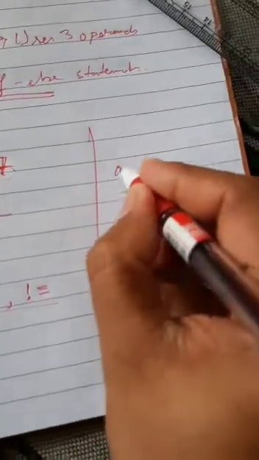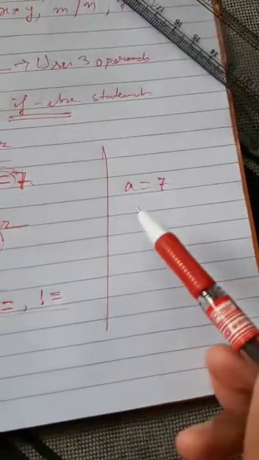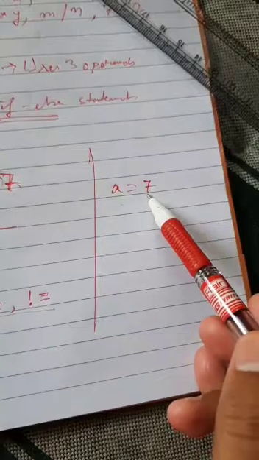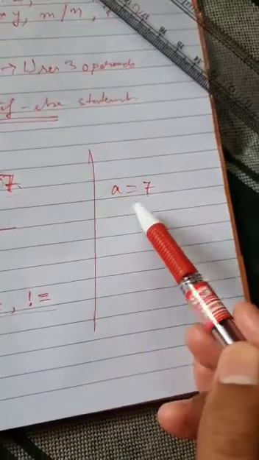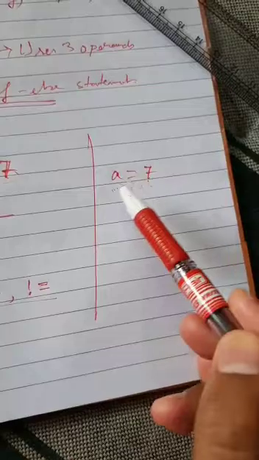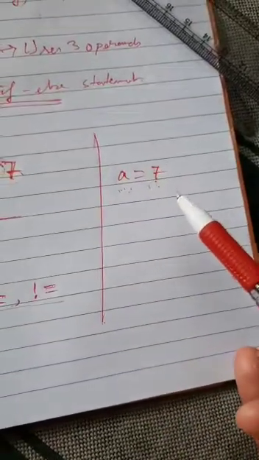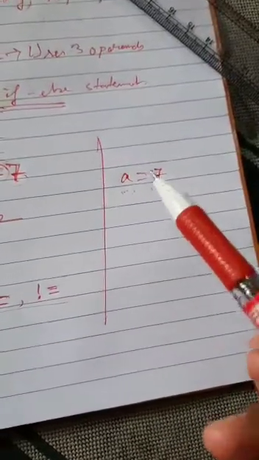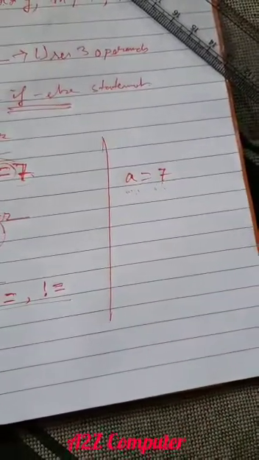Let's give an example. If I write a = 7, that means the value of a is assigned 7. This is confirmed. This is a decision. Yes, the value of a is 7. Try to understand the statement. a is 7. Full stop.